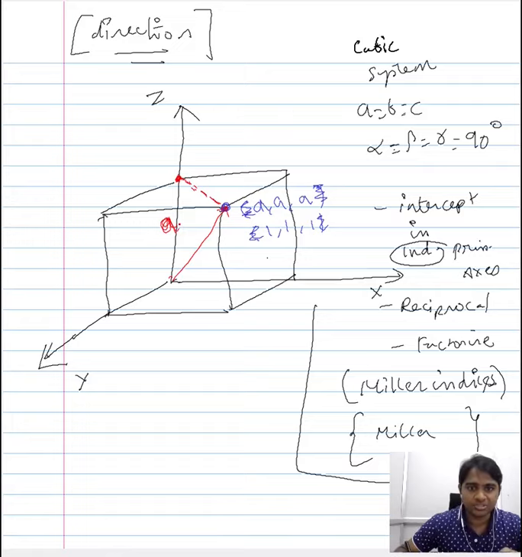Now we want to see where the projection of this direction meets in the x and y directions. So we first project it onto the x y plane, that is here, and then from that point we move to the y axis and the x axis.